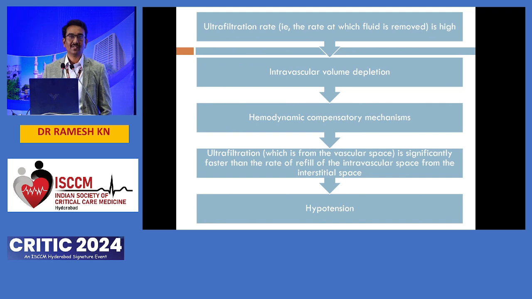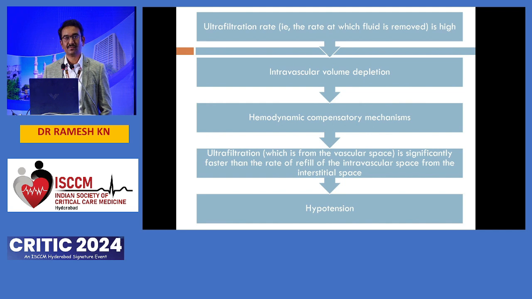When there is intravascular depletion, fluid shifts from the interstitial or intracellular compartments into the intravascular compartment. As we know from Starling's principle and the modified Starling principle, we need an oncotic pressure in the intravascular space, and the lymphatic system should be intact for this shift of fluids. If the ultrafiltration rate is more than the rate of shift of fluid from the interstitial compartment into the intravascular space, it will lead to hypotension.